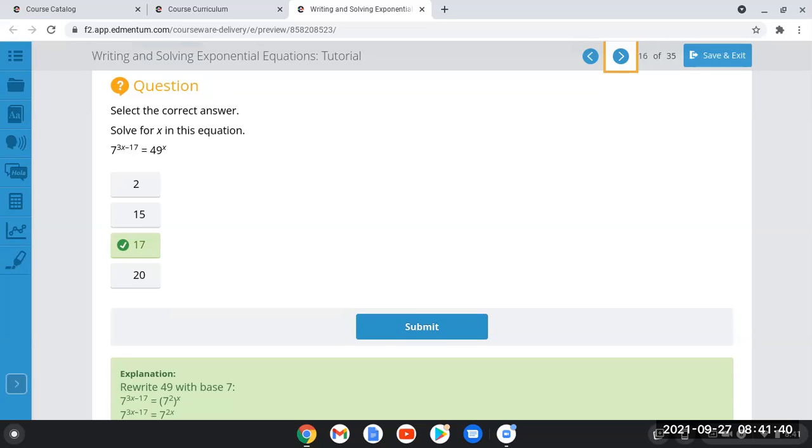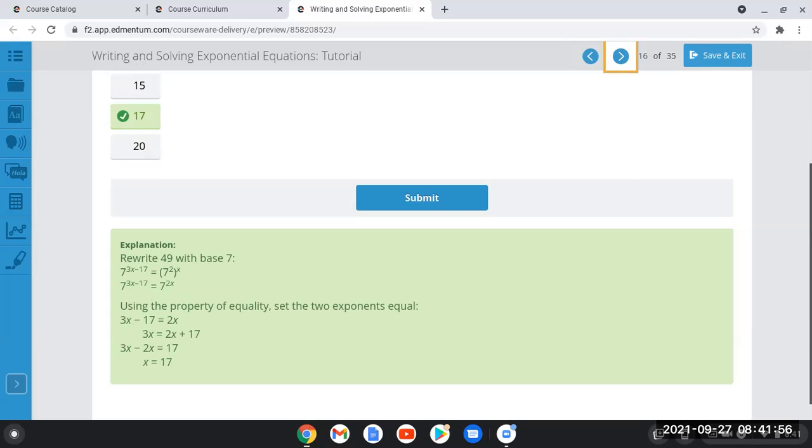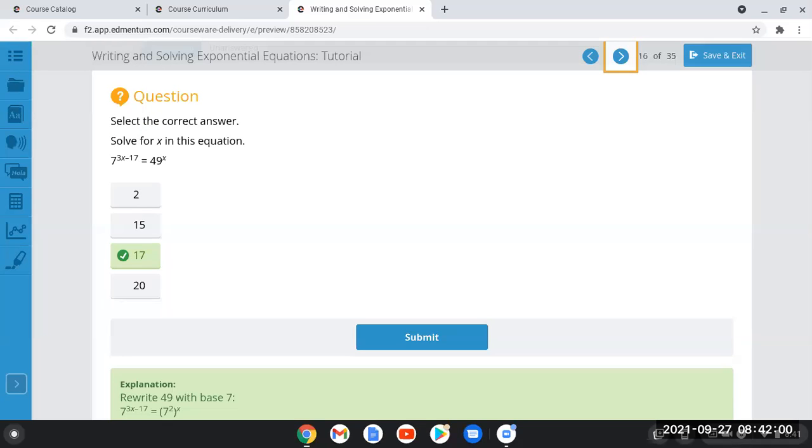And here's how you're going to break it down to solve the problem. I'll have another brief lesson on how to solve exponent problems like this, because I did not have a lesson on that just yet. You'll see that again in another one of your tutorials.